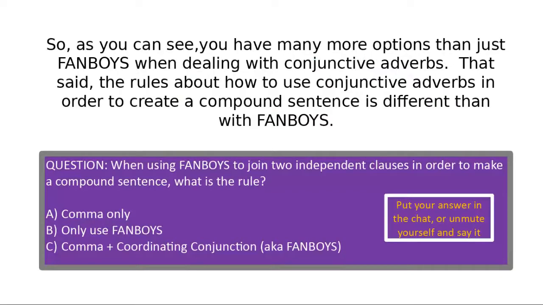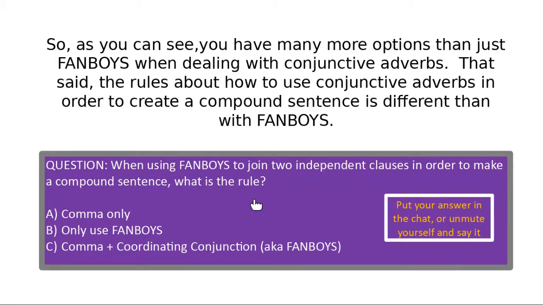So let's talk real quick about the first two methods that we discussed. Here's my question for you. When using fanboys, so for, and, nor, but, or, yet, so, to join two independent clauses in order to make a compound sentence, what is the rule?